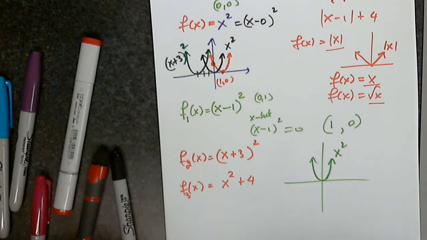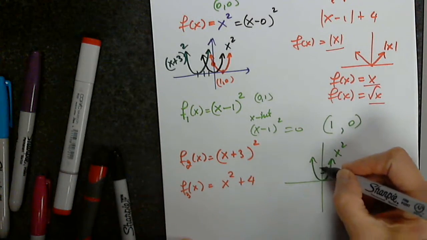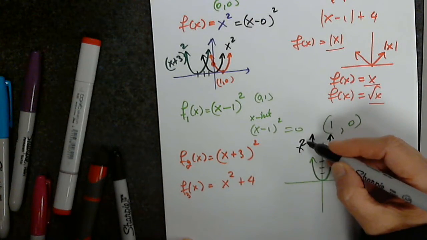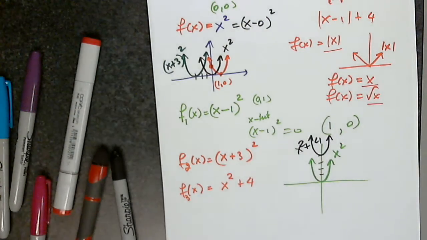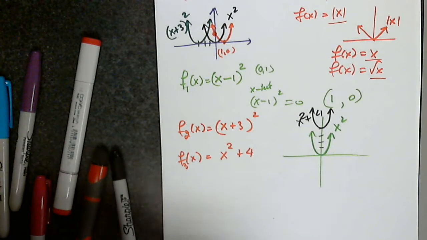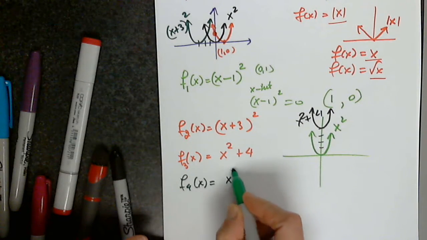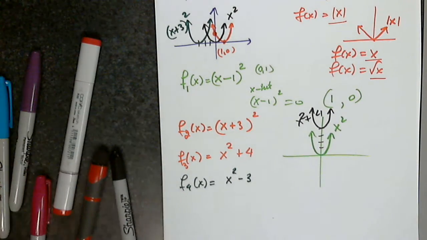If it's minus 4, be careful with that because I know it's kind of confusing. So it will definitely go up. So this will be x squared plus 4. Perfect. Now finally I want a function, let's say f4, that is x squared minus 3.